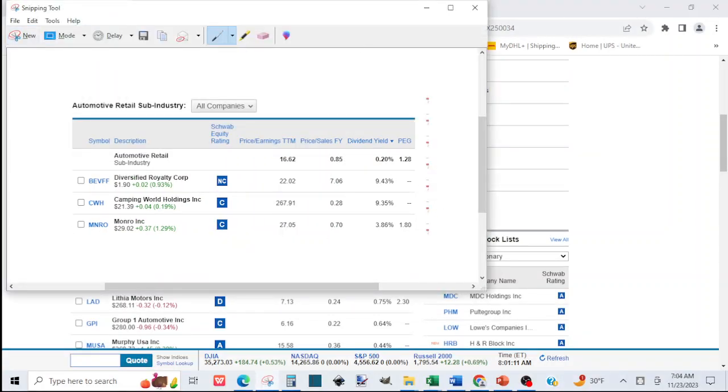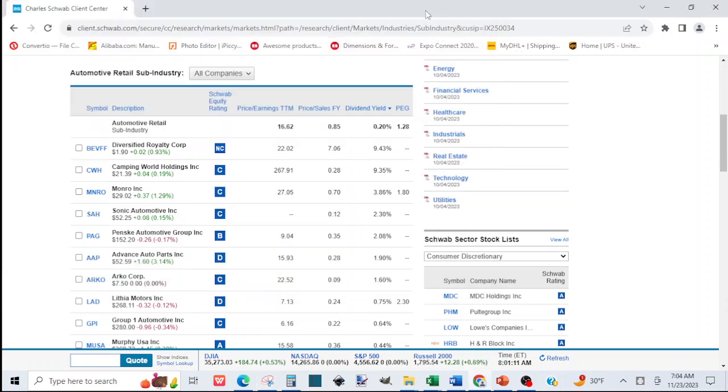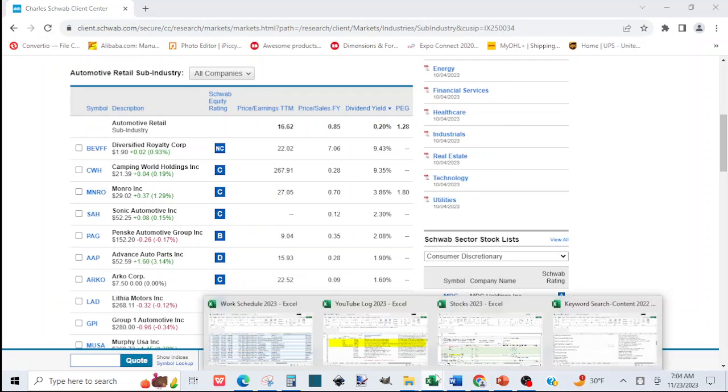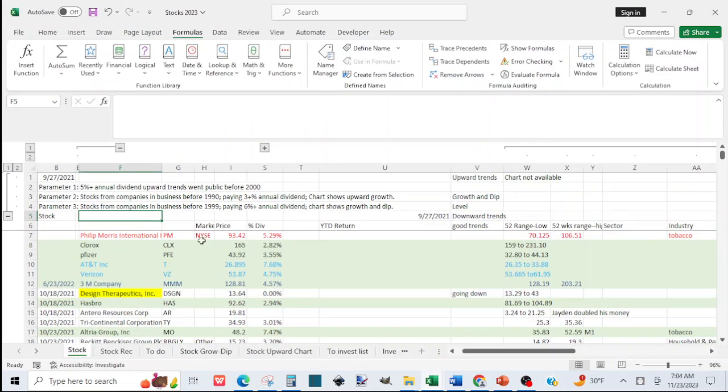So at this point, you should have your investment spreadsheet open, and you can design your investment spreadsheet to have one tab that you label stocks. So how do you design your investment spreadsheet?